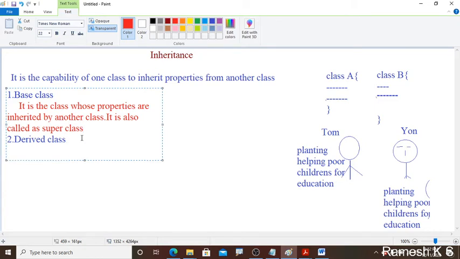So what do you mean by derived class? It is the class that inherits properties from the base class.